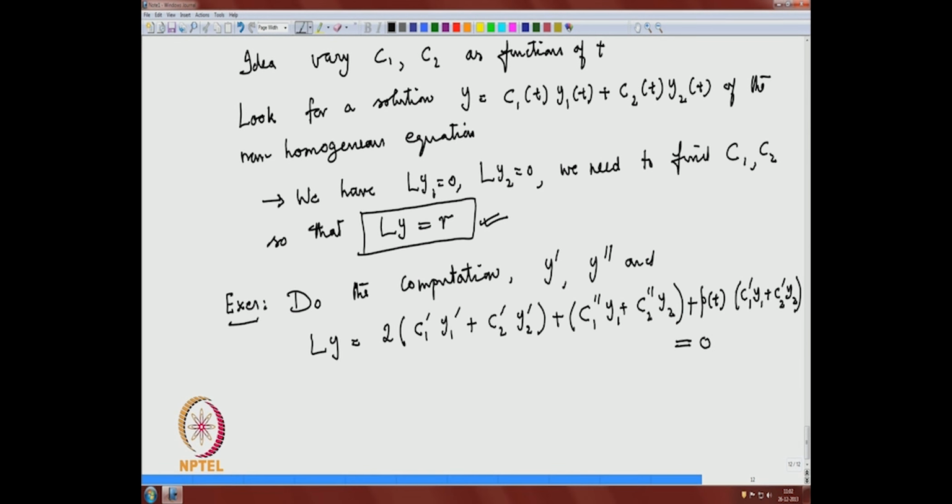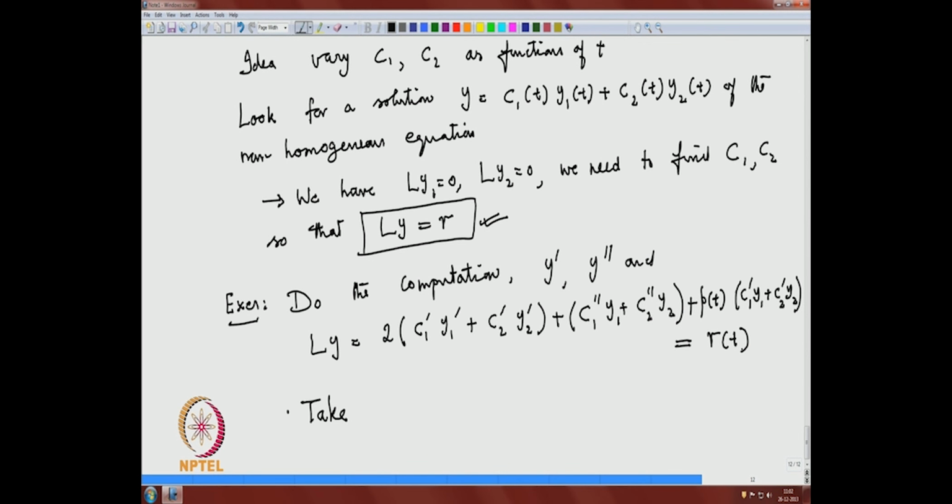You have to use the fact that L of y1 is equal to 0, L of y2 equal to 0. Now, our idea is to get 2 equations for C1 and C2 solvable. So, we want L of y to be r(t), that is more important.